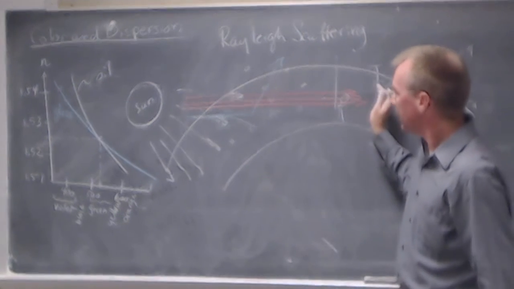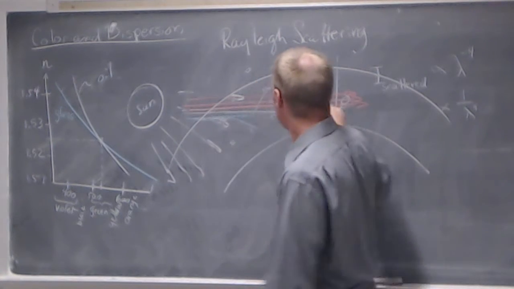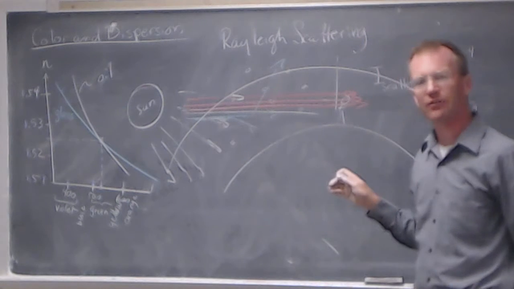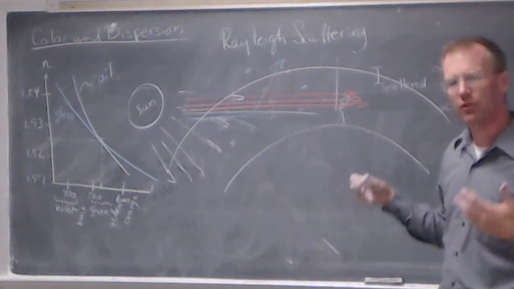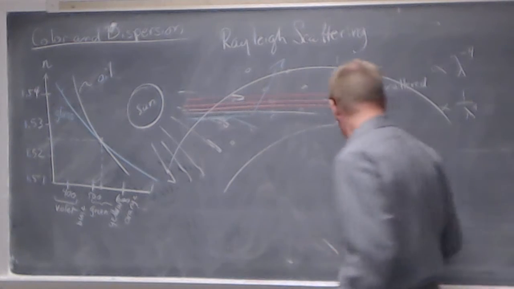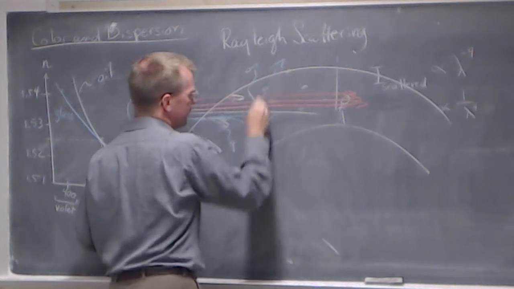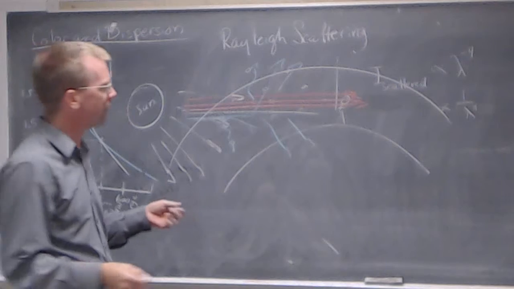Nevertheless, at sunset then, the sunlight is going through a long slice, grazing incidence of the atmosphere. So there's more and more air there to scatter the light away. And so, looking towards the sun, the blue is gone out in every which direction, scattering into the air.